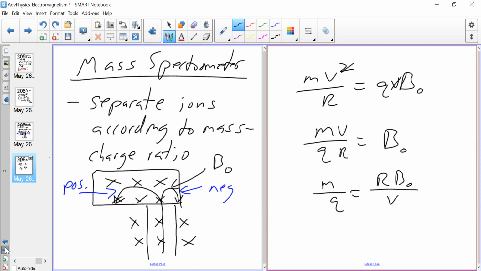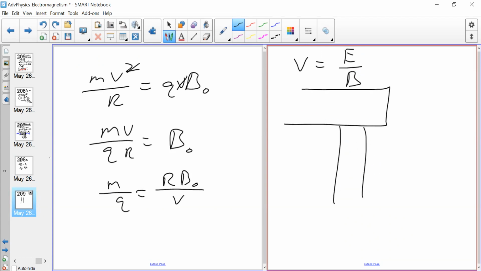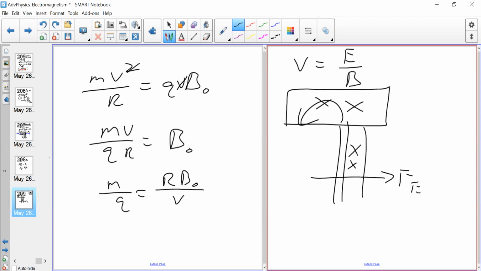If the particle was in a velocity selector where we had an electric field, we know from the previous equation that the velocity is equal to electric field over magnetic field. So if there's an electric field in this portion as well as the magnetic field, we can substitute this into the equation and get a new expression.